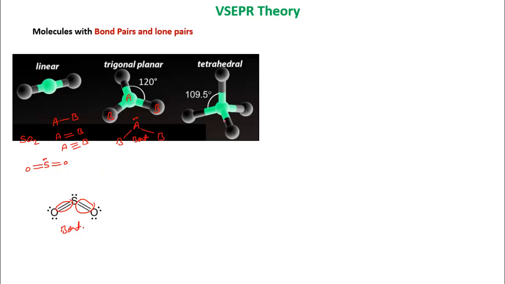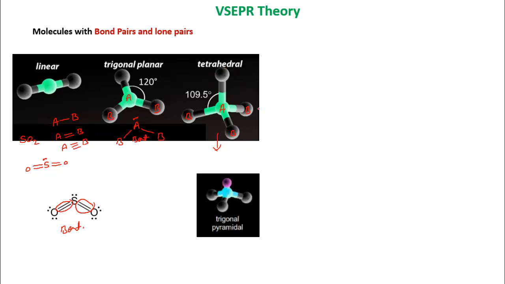Now another example, the tetrahedral. From the tetrahedral structure, if I replace one of the bond pairs by a lone pair, what will be the geometry then? Suppose you have an atom A attached to 4 B atoms, then the normal geometry will be tetrahedral. But right now I am going to replace this bond pair by a lone pair.